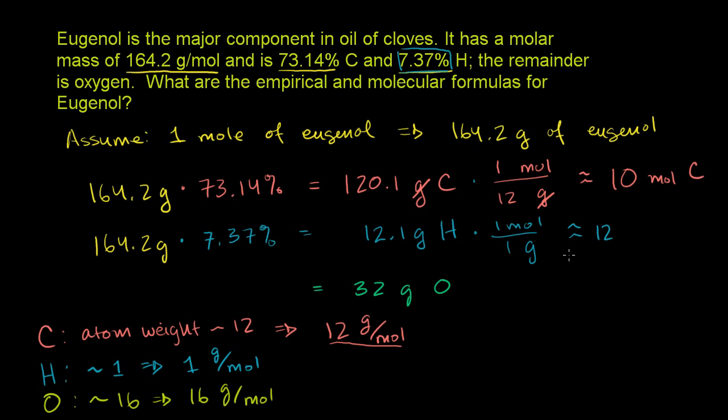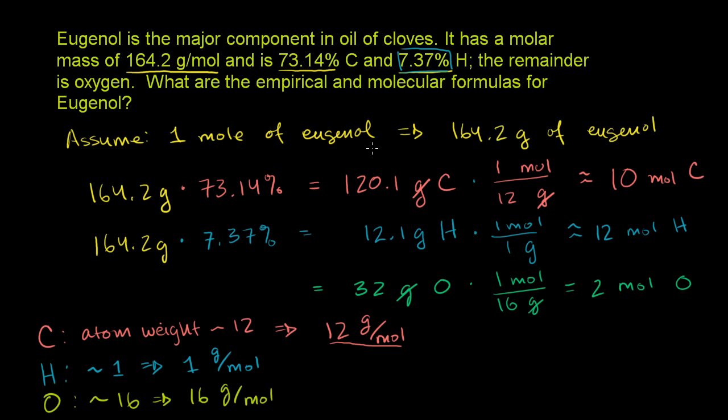So we should just say 12 moles of hydrogen. And then finally, we have our oxygen, and we have 1 mole of oxygen for every 16 grams. The grams cancel out, of course. 32 divided by 16 is 2. So this is equal to 2 moles of oxygen.